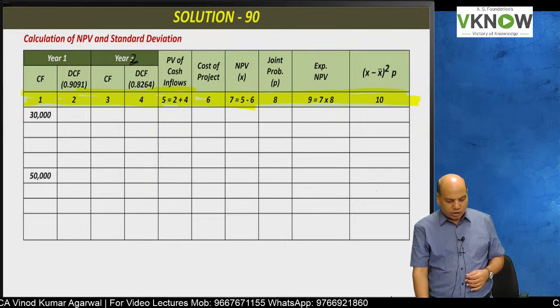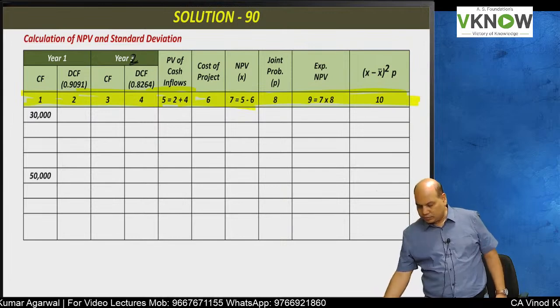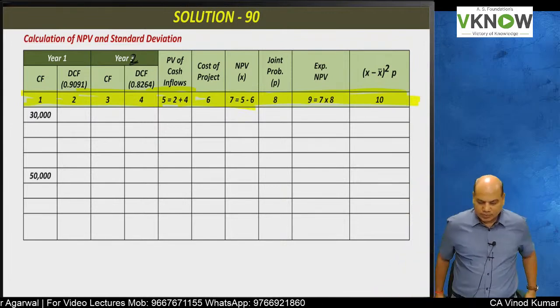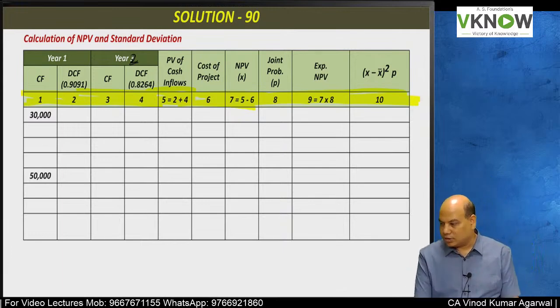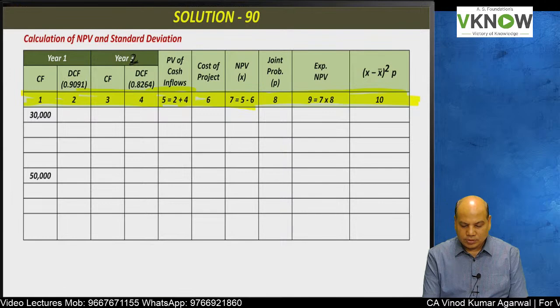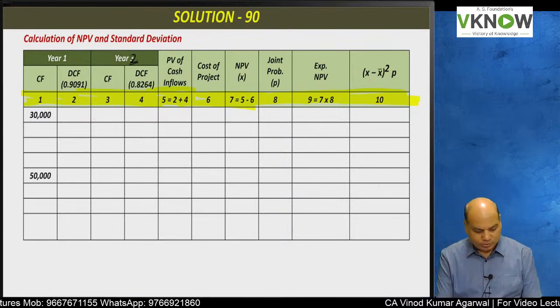Write down in the first year 30,000, keep 3 lines blank, and write down 50,000, keep 3 lines blank and write down 50,000.